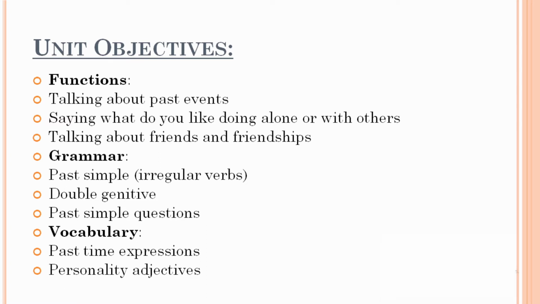These things we have seen last session, and talking about friends and friendship. In grammar, we'll talk about past simple, irregular verbs, double genitives, and past simple questions. In vocabulary, past time expressions and personality adjectives.